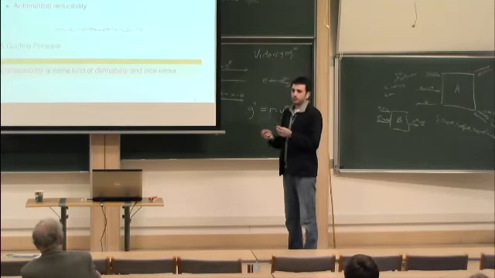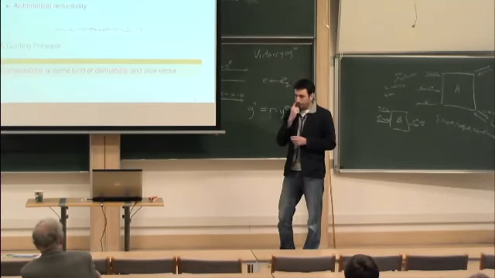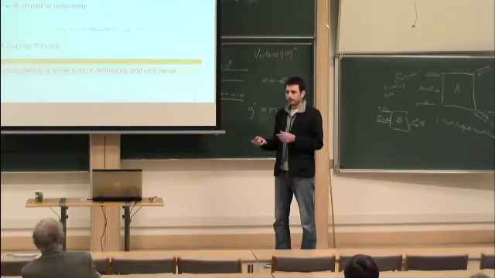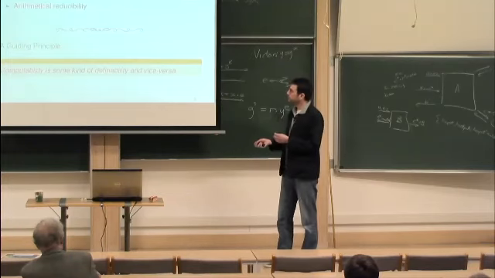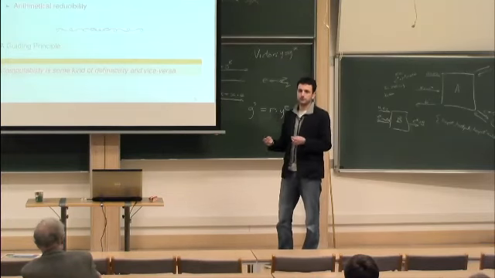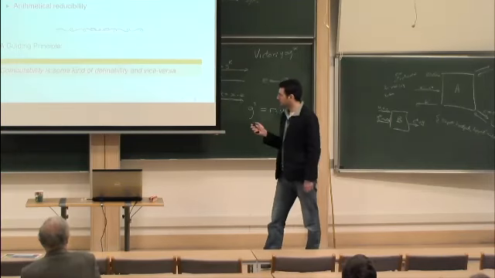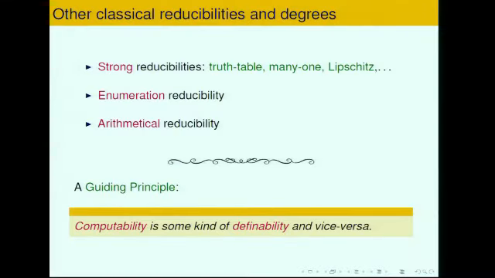This link between computability and definability, sometimes hidden, plays a role in most proofs in classical recursion theory or computability theory. It's very important. Remember that, because in some new reducibilities, which I'm going to introduce now, this link will break. A lot of arguments will break with that, and we'll see what the problems are.